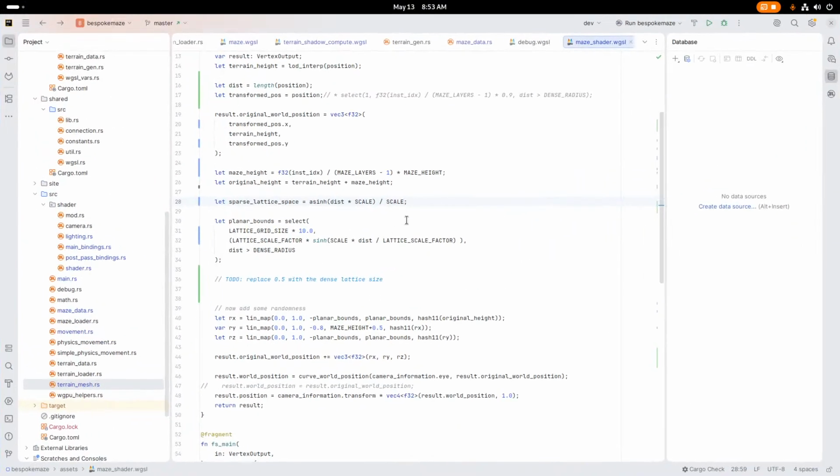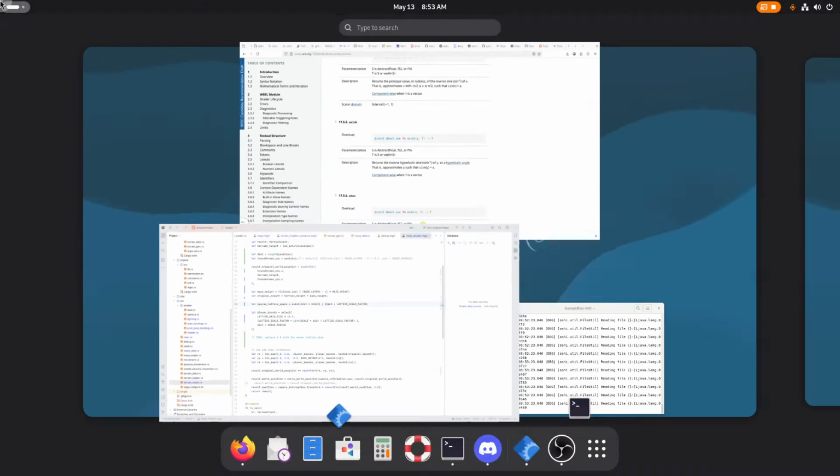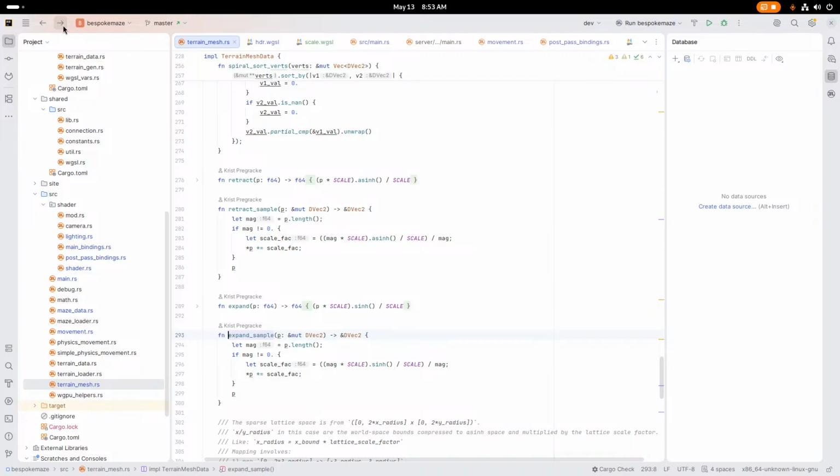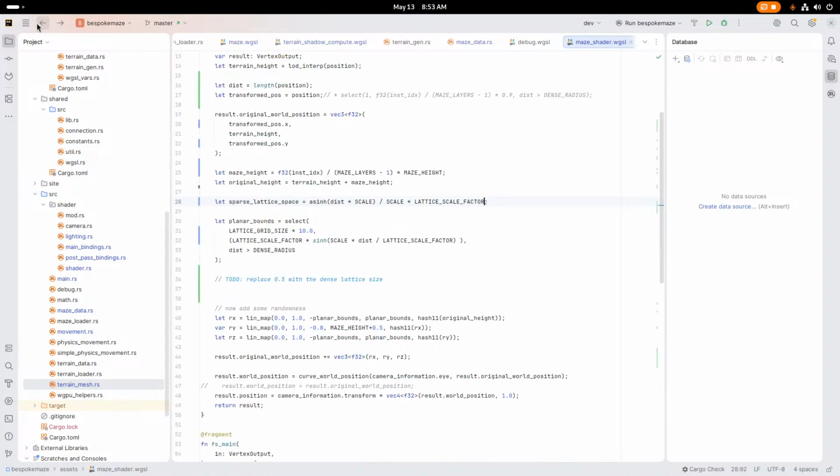I just realized that, yeah, I can multiply by the lattice scale factor, can't I? Divided by mag. Yeah, I can multiply by the lattice scale factor. And then I don't need to do this here. Right? No, I don't.